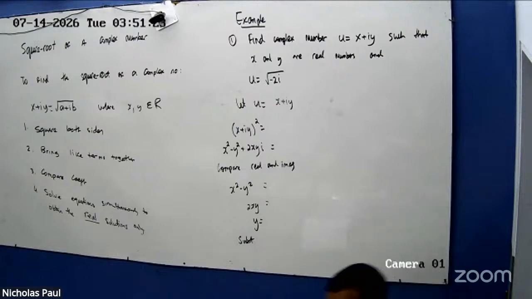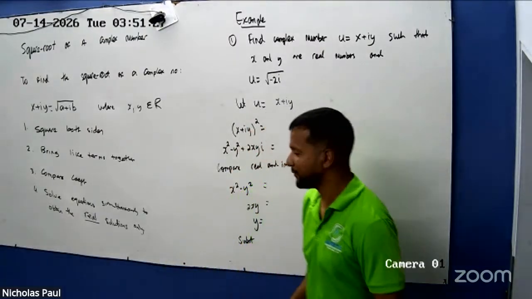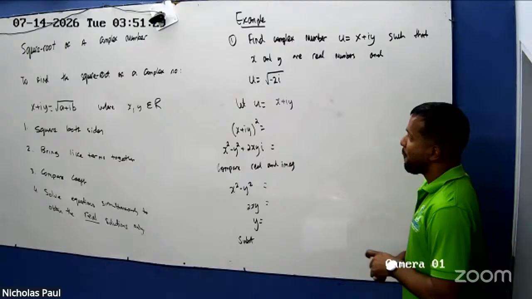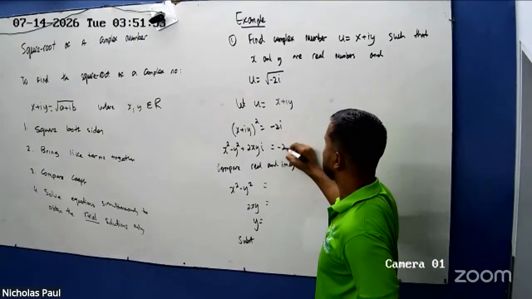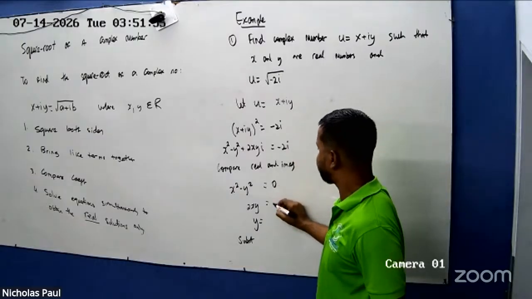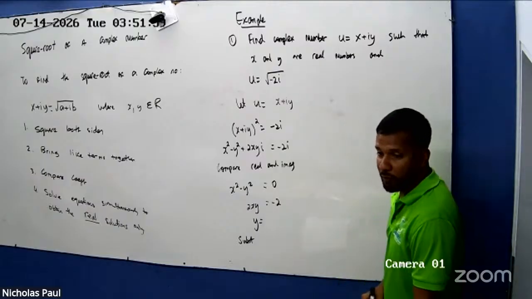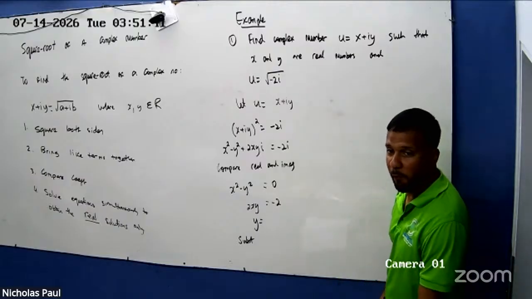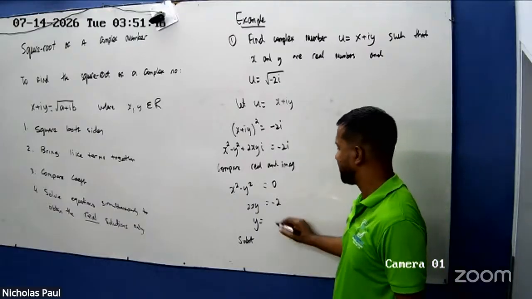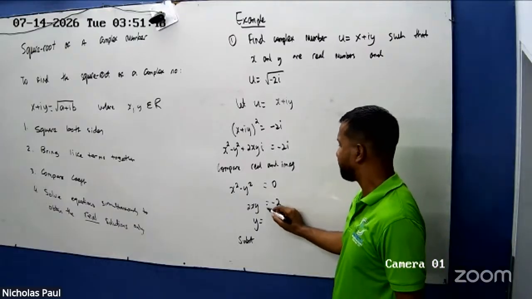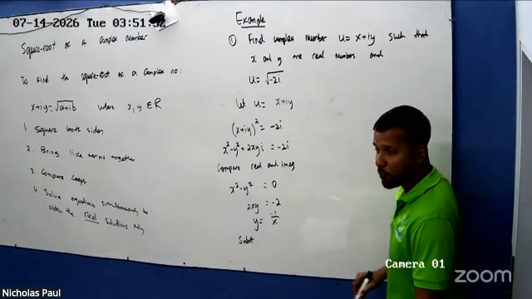Are you done? There's no real part. But I got y is minus 1 on x.